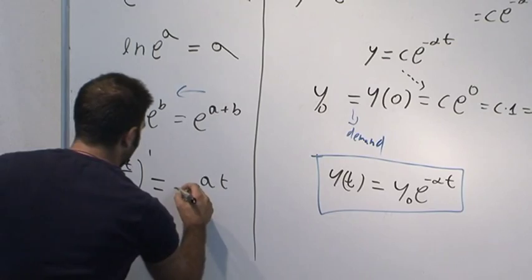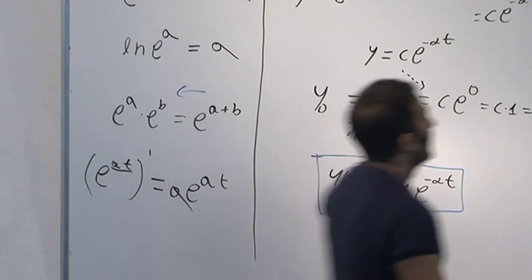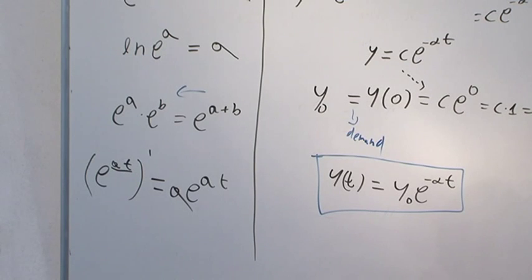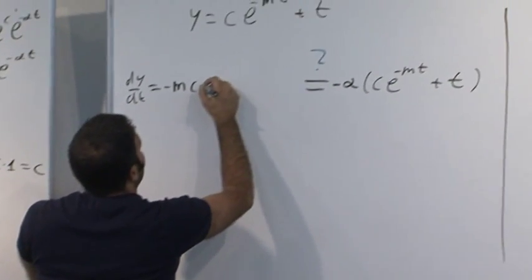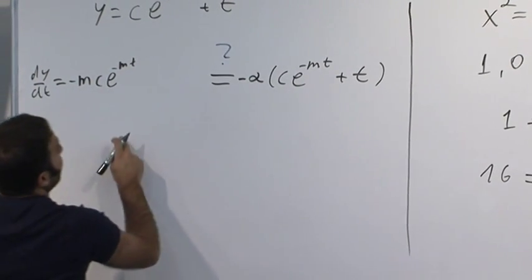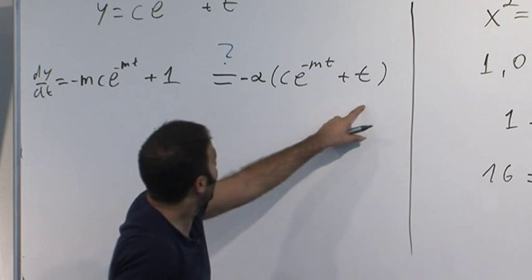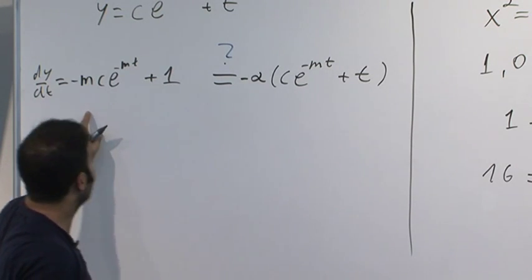The inner derivative. So what is the derivative of it? Like you said before, minus mC times e to the minus mt, right? It stays the same, and this plus 1.